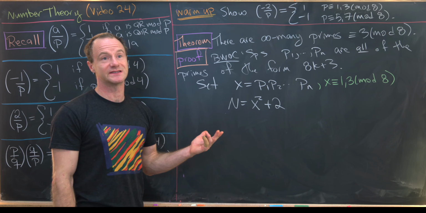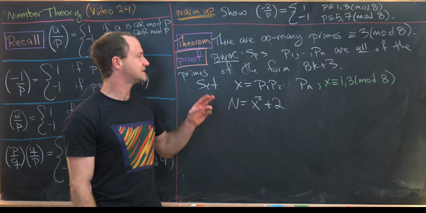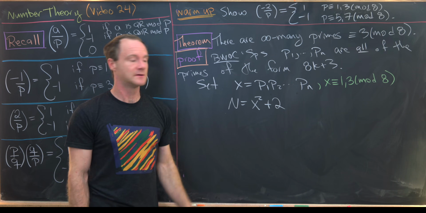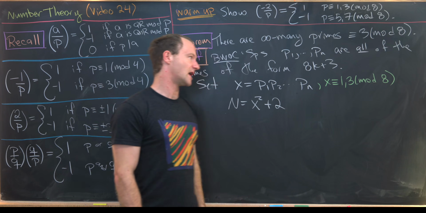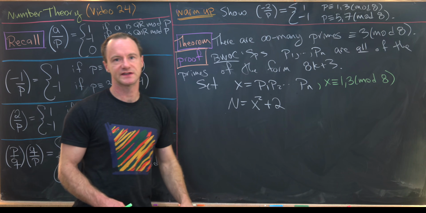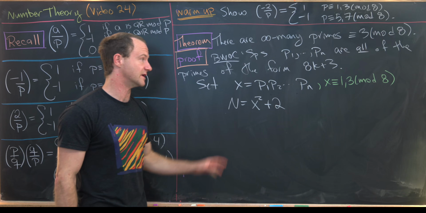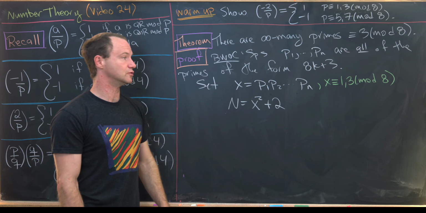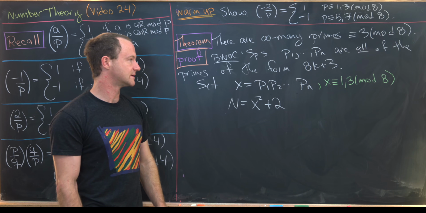Notice 3 times 3 is 9, which is 1. And so this is 1 mod 8 if this number n is even, and this whole number is 3 mod 8 if this number n is odd. It actually doesn't matter the parity of this number for the rest of our argument, but all we really need is that x is congruent to 1 or 3 mod 8.